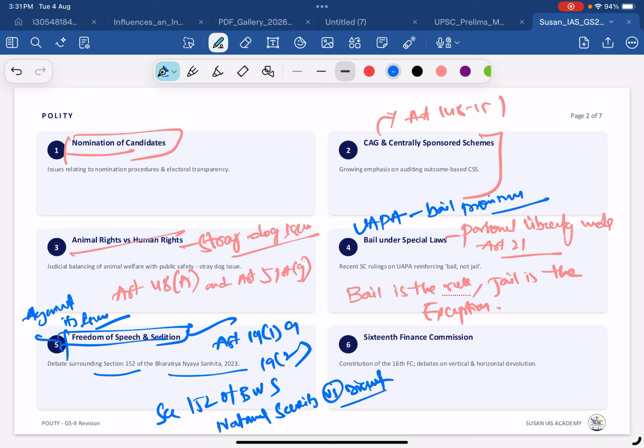And finance commissions, they were asking, like even the 15th finance commission has been asked before, even in prelims and mains. So the 16th finance commission can also be asked, like article 280.